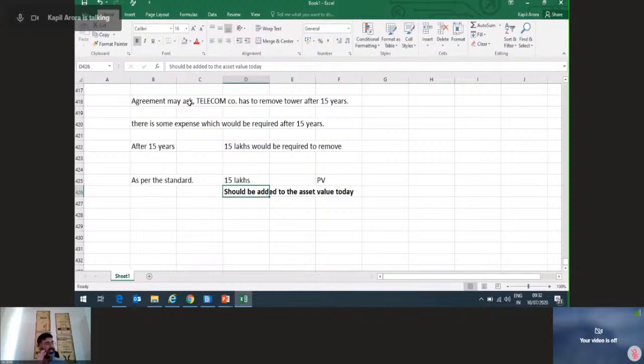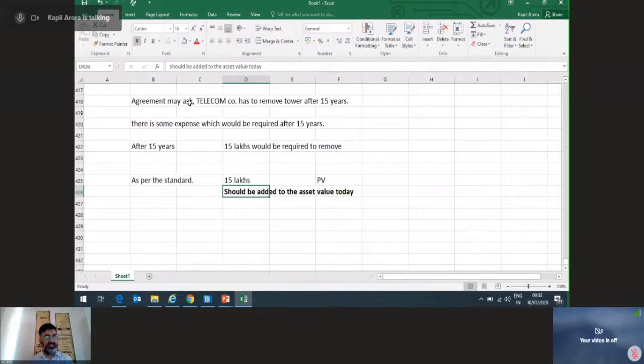The logic is that you should understand the concept of decommissioning. Decommissioning means after the end of the useful life of the asset, you have to remove that asset. Values and everything we will be discussing tomorrow. So in our tomorrow session, we will be discussing everything. But the question is what decommissioning is, that should be clear to all.